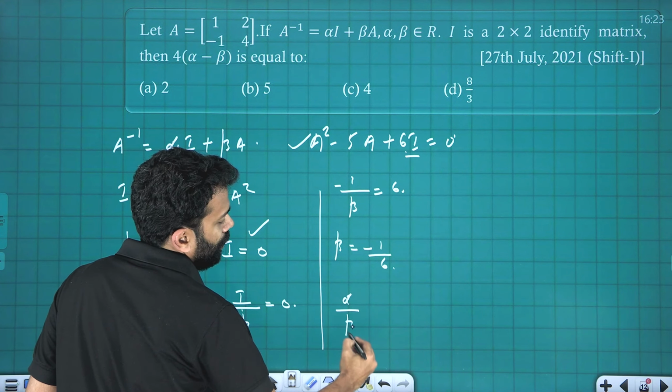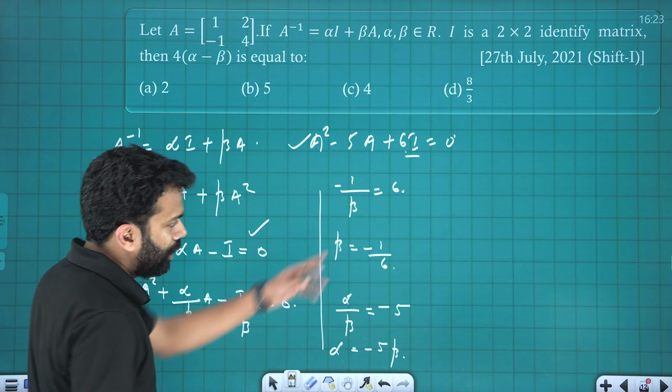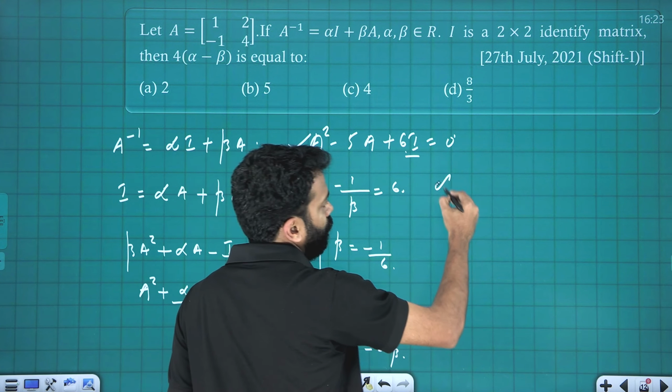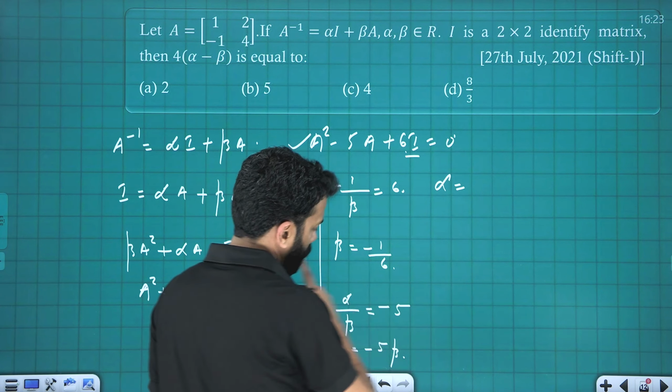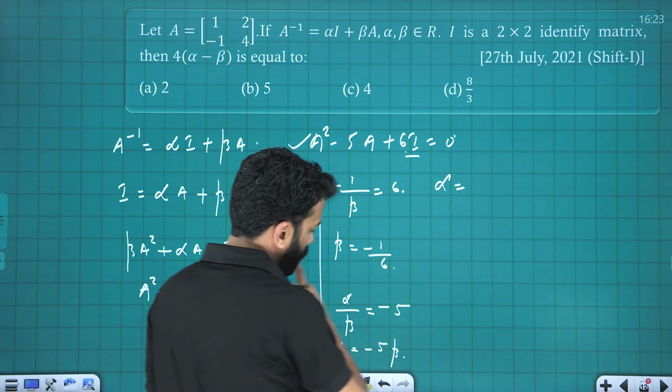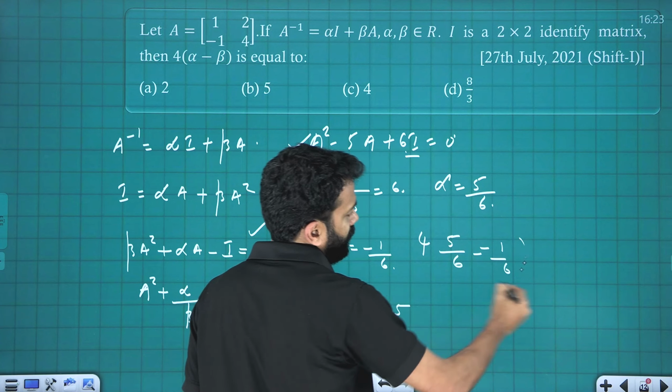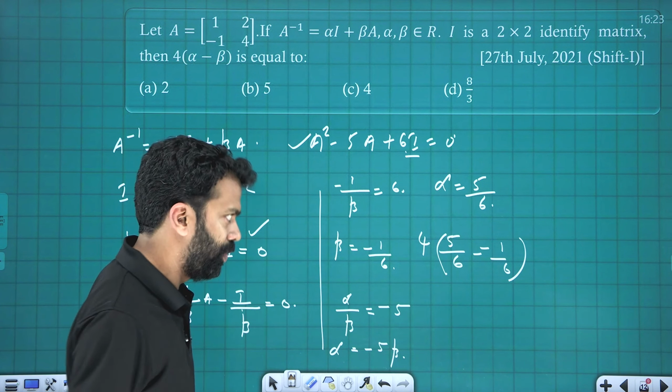Minus 5, right? Therefore, alpha is equal to minus 5 beta. Substitute that beta here and you will get alpha is equal to 5 by 6. Okay. And you need to find 4 into alpha minus beta, right? That is 4 into 5 by 6 minus 1 by 6. That is 6 by 6, 1.